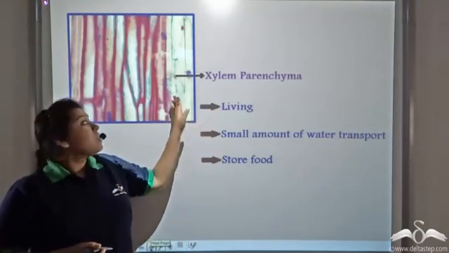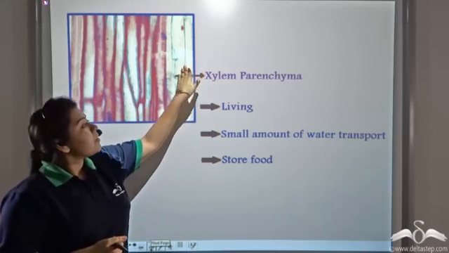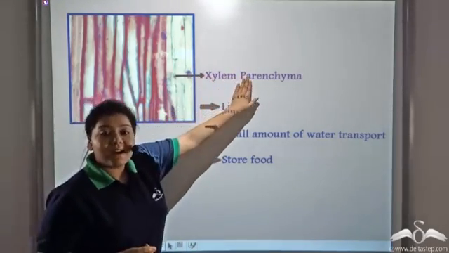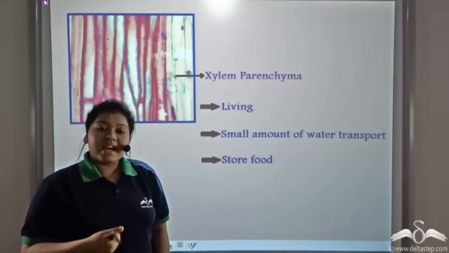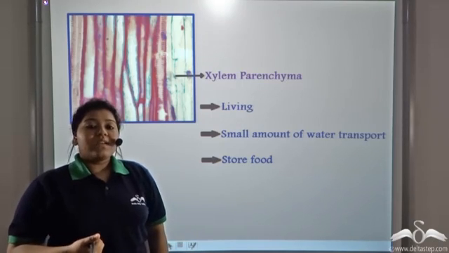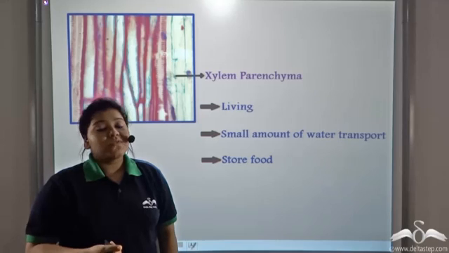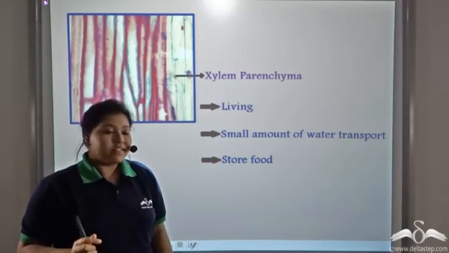Now let us come to the third kind of cells that are present in the xylem. See, this cell is known as the xylem parenchyma. Like all parenchyma cells, xylem parenchyma is also living. Now, if a cell is living, that indicates the presence of all the cellular organelles and also the cell membrane.